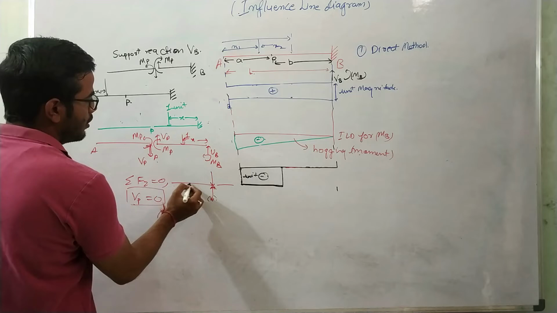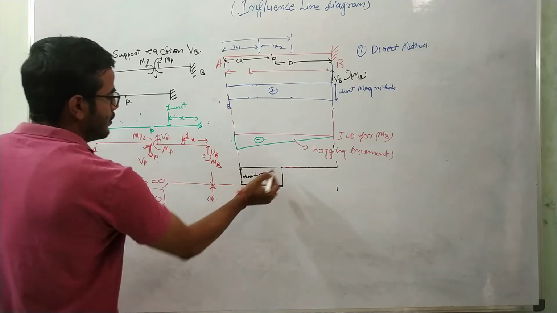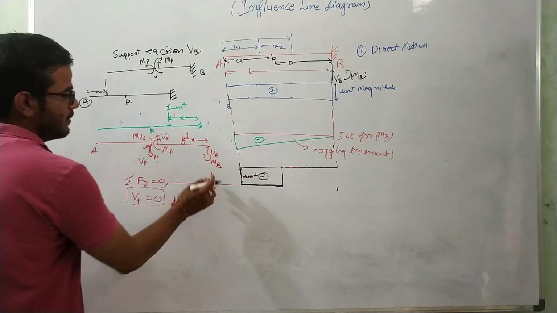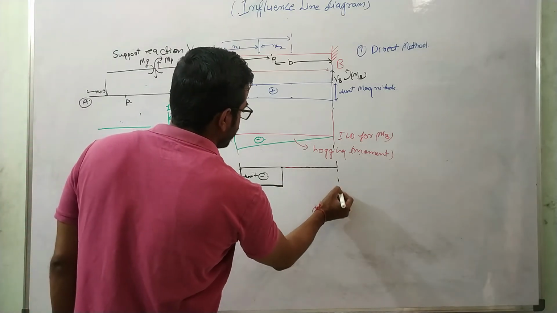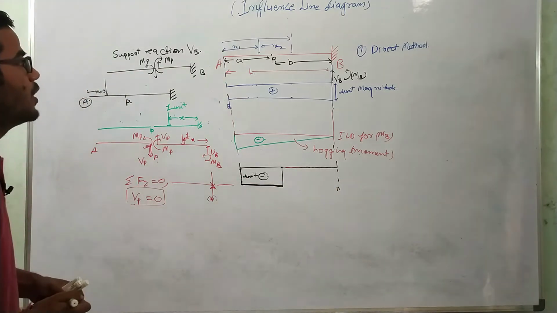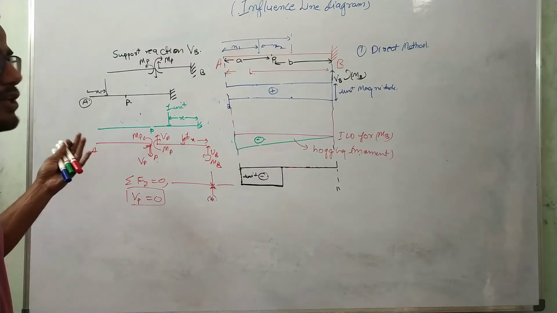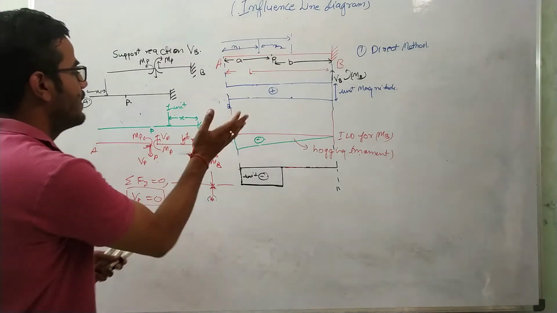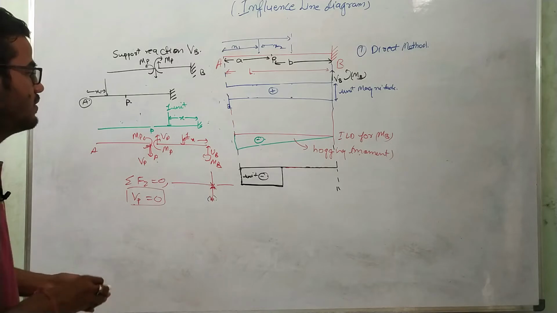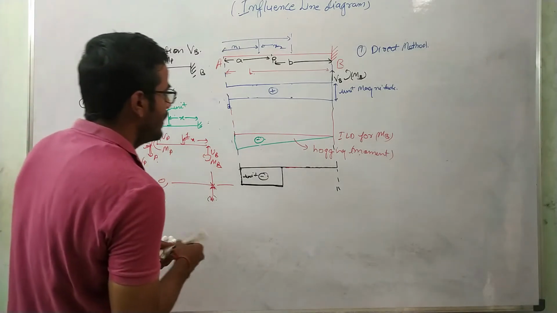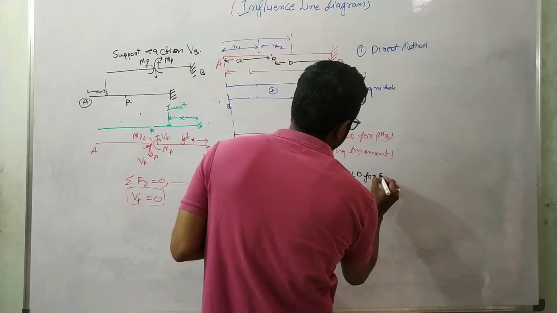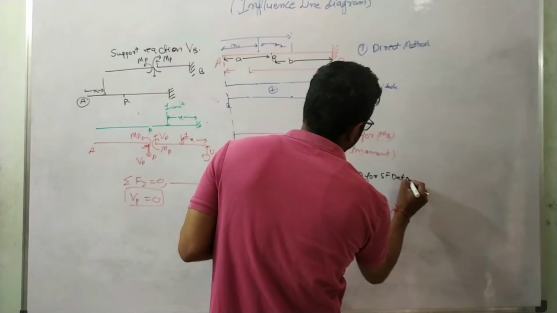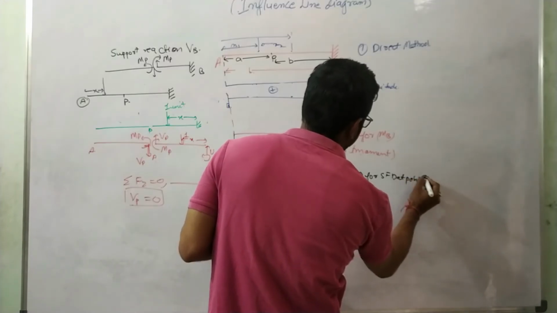When we draw the shear force for this point, it will be 0, because these forces will cancel each other. So this is the SFD for the point P, when the unit load is traversing along this cantilever beam. This is the ILD for SFD at point P.